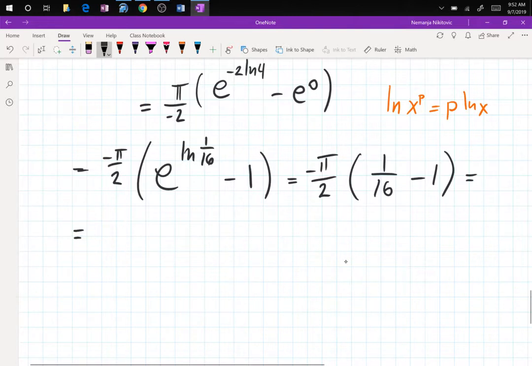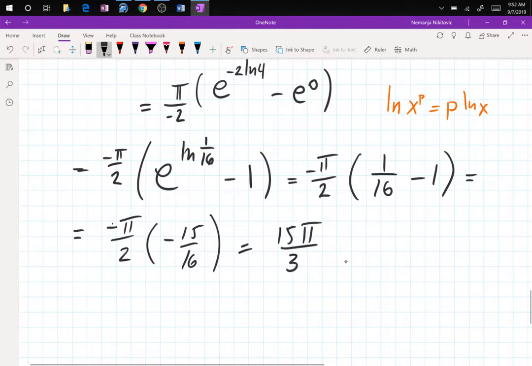So this becomes negative pi over 2 times negative 15 over 16, for a total of 15 pi over 32 units cubed. If this was in inches, inches cubed, centimeters cubed, whatever the measurements were, the units. And that was the object.